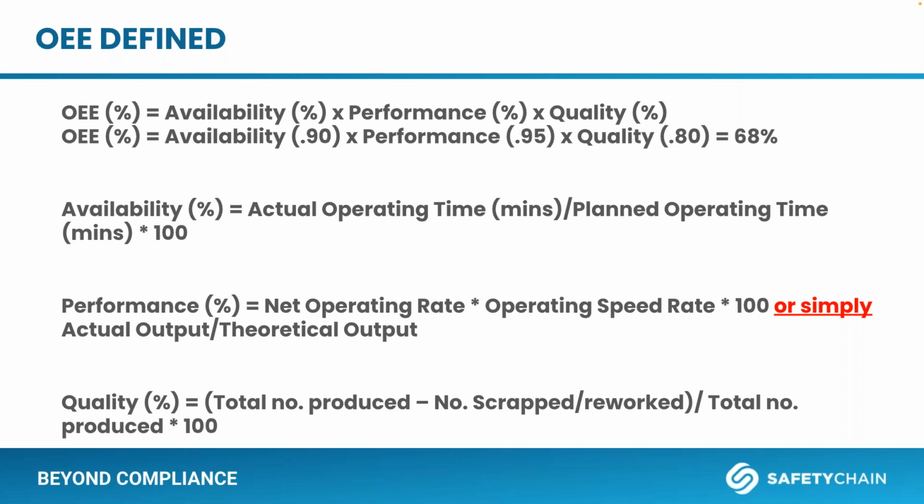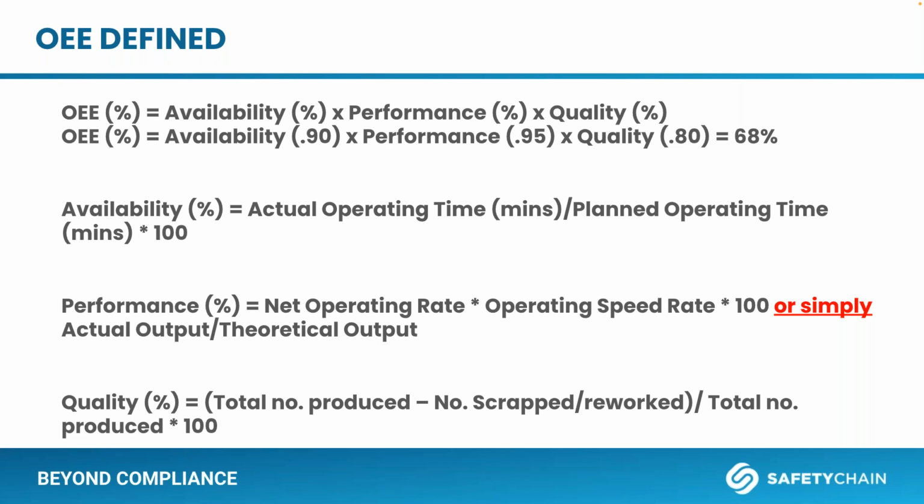Availability, the definition of availability is what's our actual operating time, typically in minutes, over our planned operating time, again in minutes, times 100. Performance, what's our net operating rate times our operating speed rate times 100, and that'll give it to us as a number in percent. Or simply, what's the actual output over a given period of time, say a shift or a day, compared to the theoretical output.